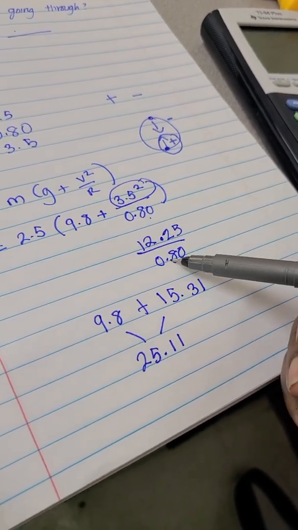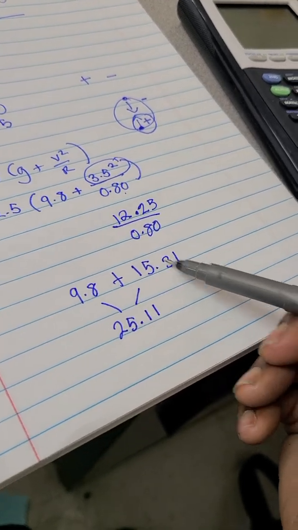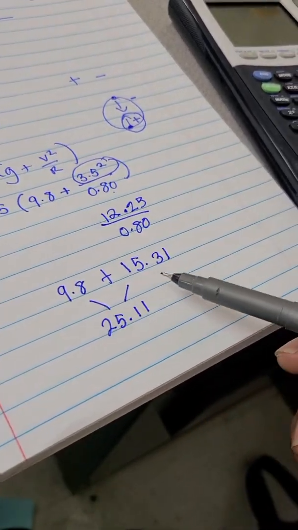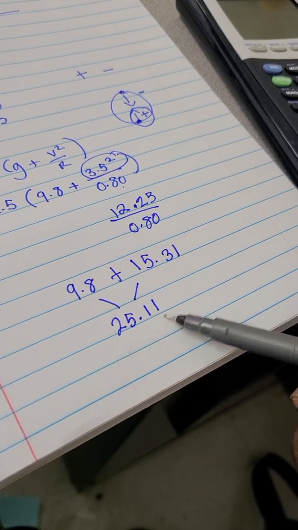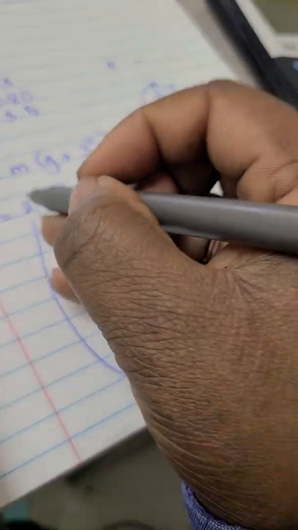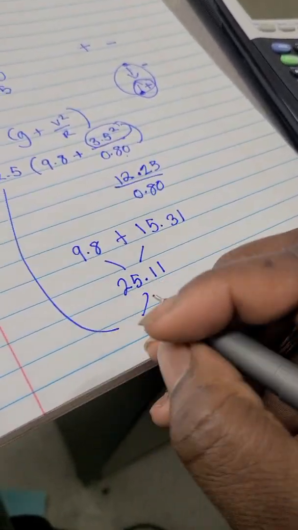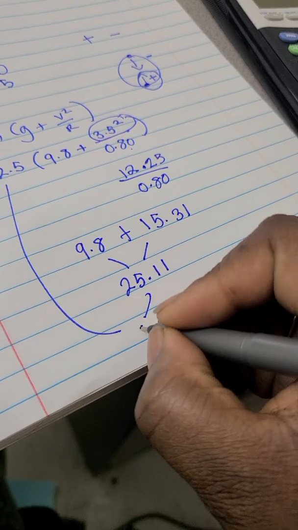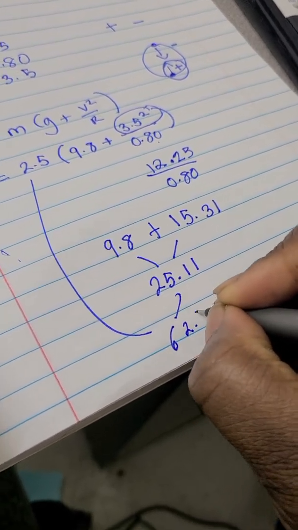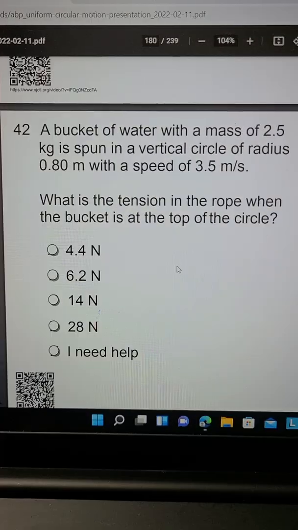You divided that by radius to get 15.31, then you added it to get 25.11. The last step will be to multiply it by the mass. So you have 2.5 times 25.11, which gives you 62.7. So your answer in this moment becomes B.